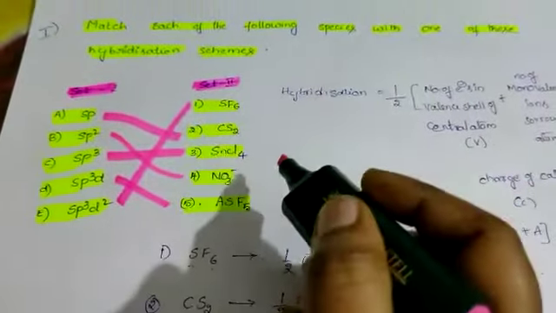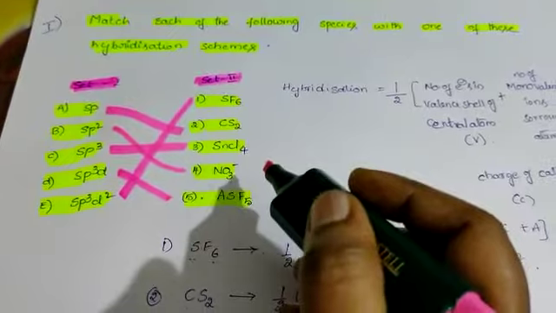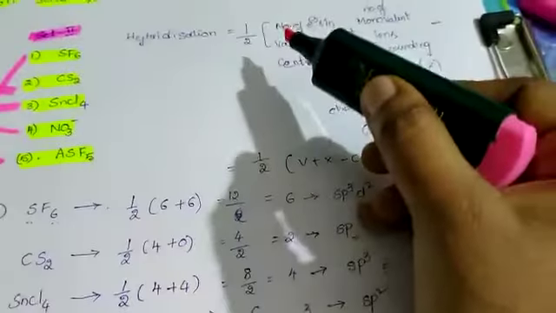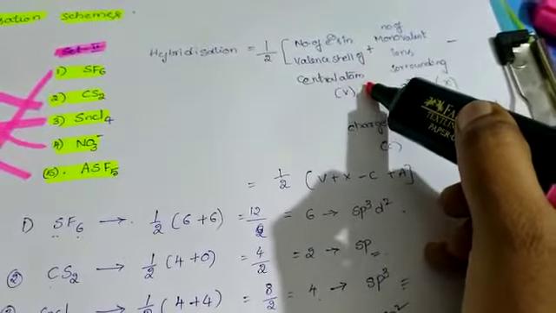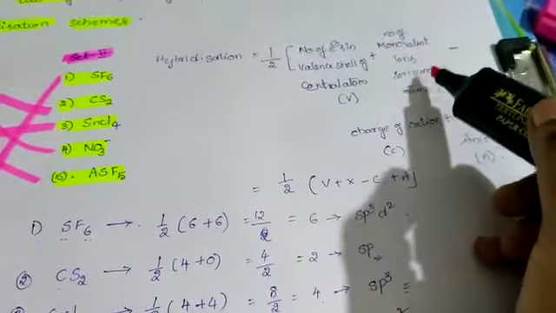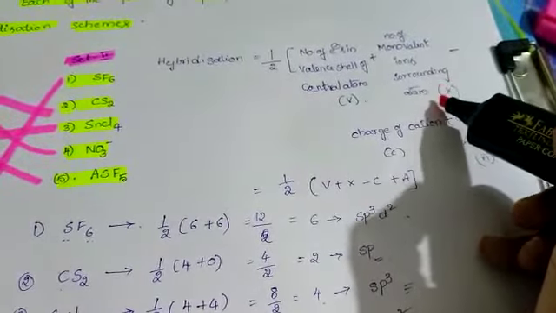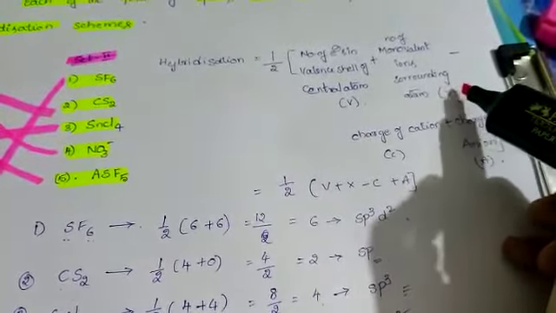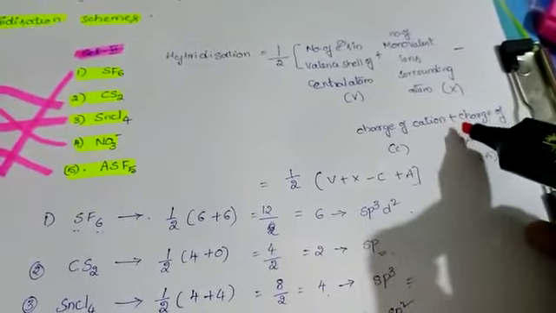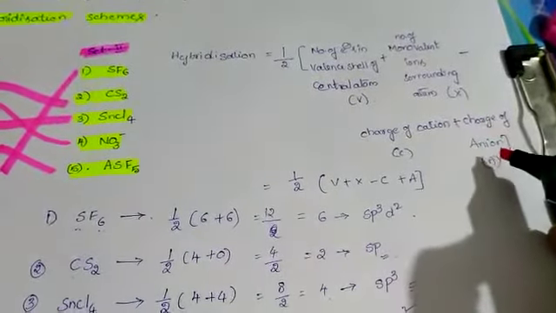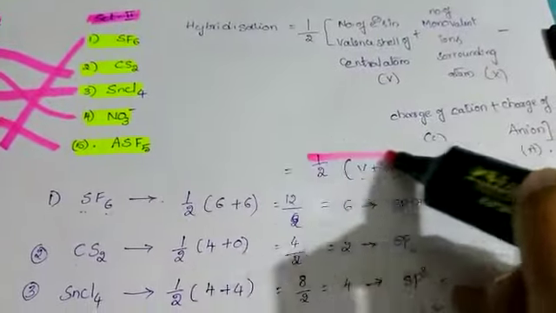This is the match the following. The hybridization formula is half of the number of electrons in the valence shell of the central atom plus the number of monovalent atoms surrounding the central atom, minus the charge of the cation plus the charge of the anion.